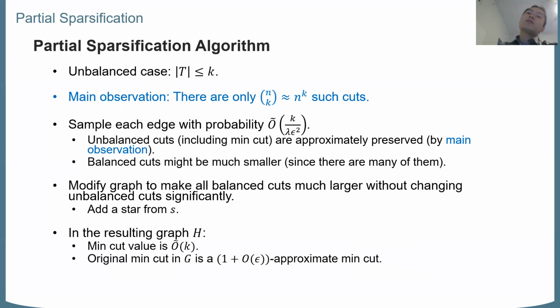So after that, in our resulting graph, our min cut value will be reduced to O tilde k by the sampling. And also our original min cut in G is now a 1 plus O epsilon approximate min cut, because the unbalanced cuts are still approximated and the balanced cuts are raised above the min cut value.